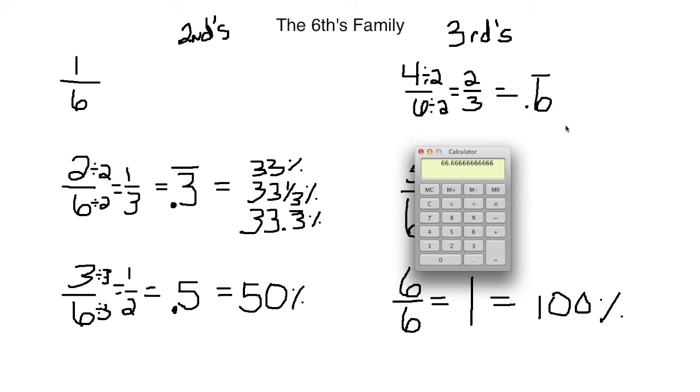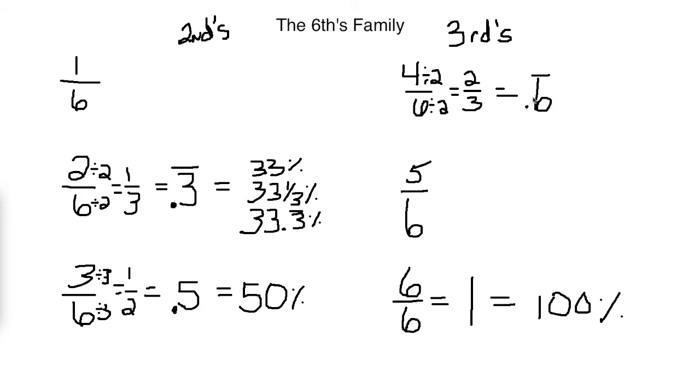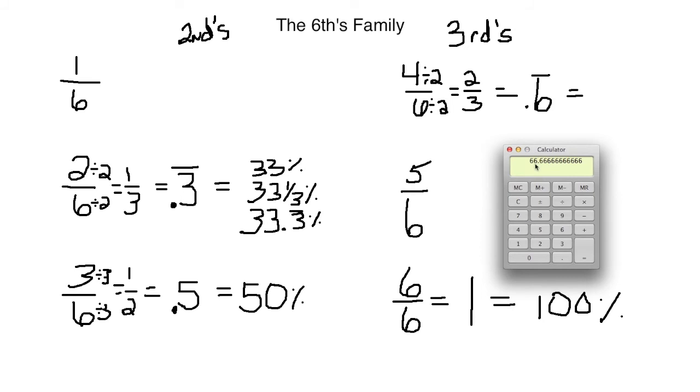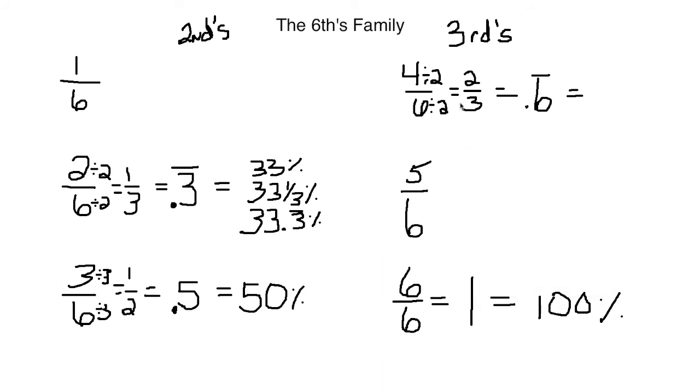So what is this as a rounded percent? Well, let's bring the calculator back up. Remember, we underline the whole number, box the tenths place. This 6 is going to tell the 6 in the ones place to go up because this number is 5 or greater. So the answer is it will be 67% rounded.